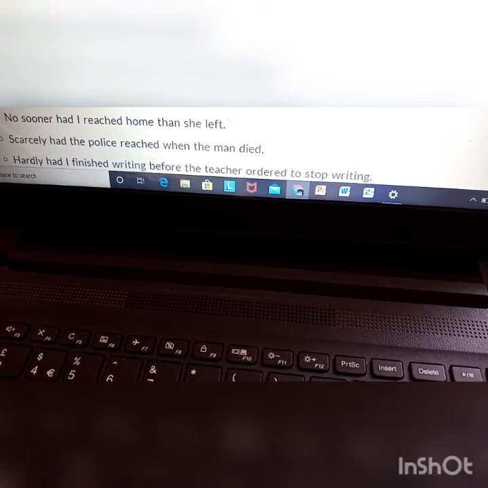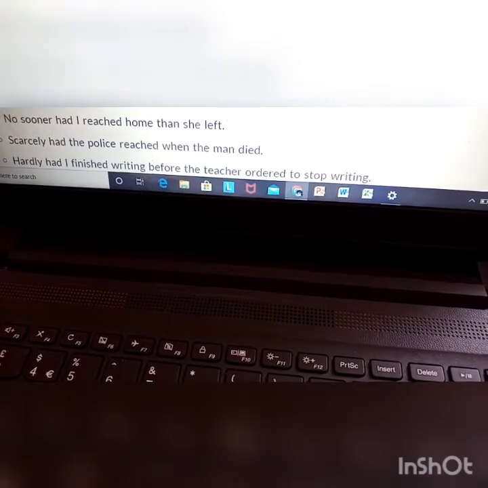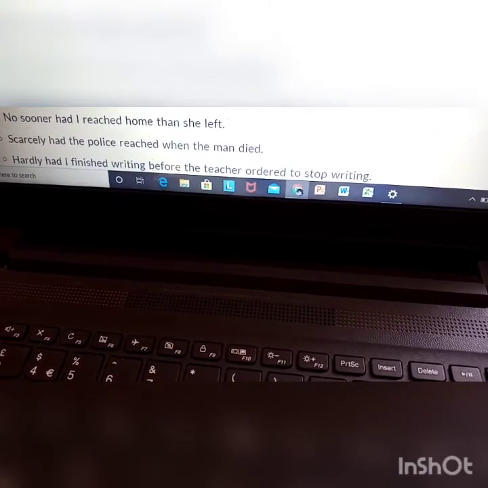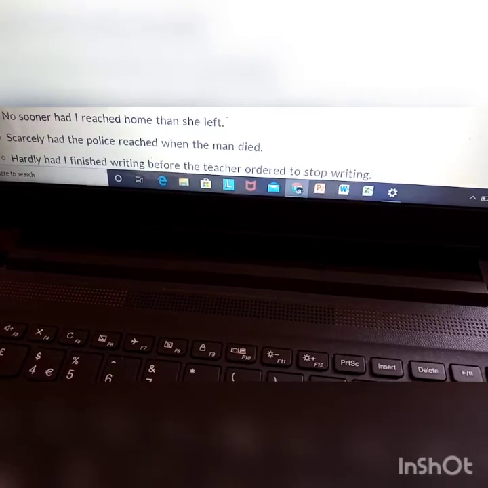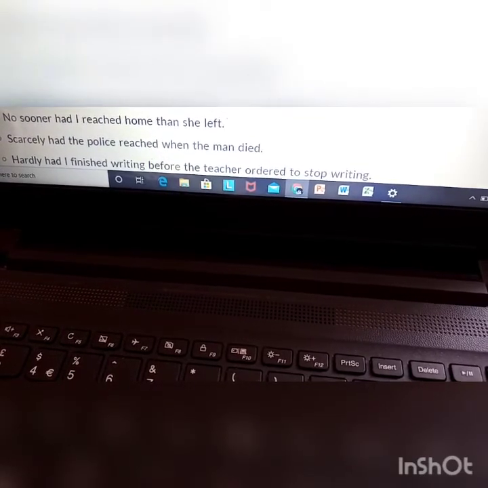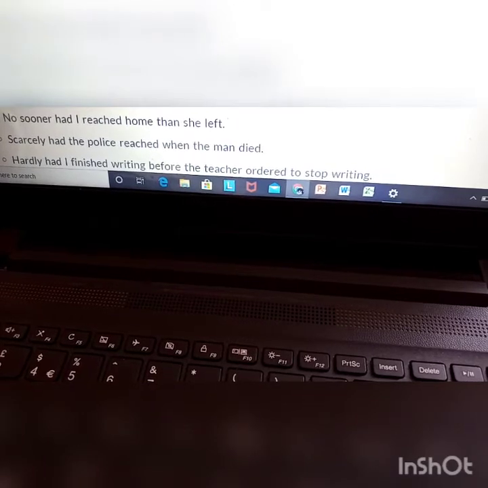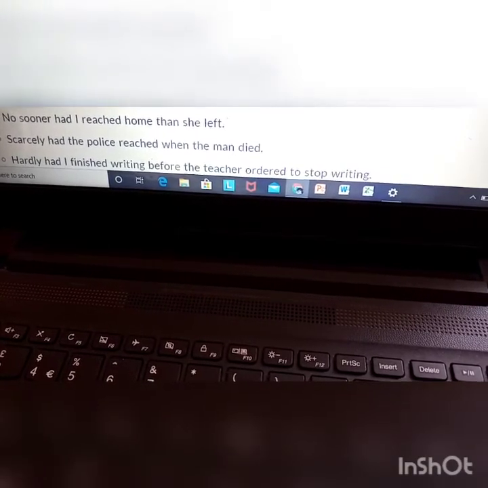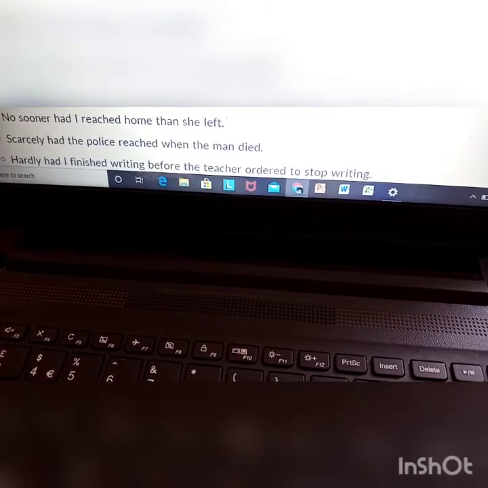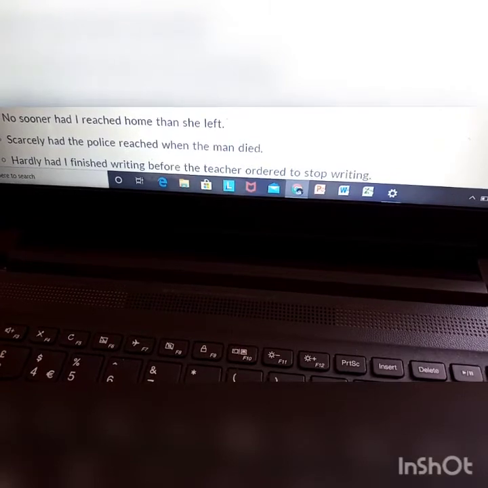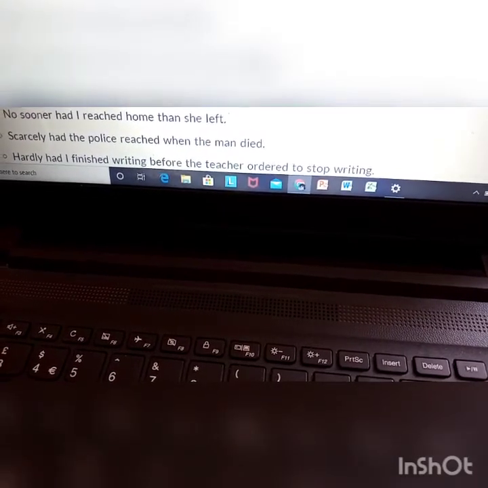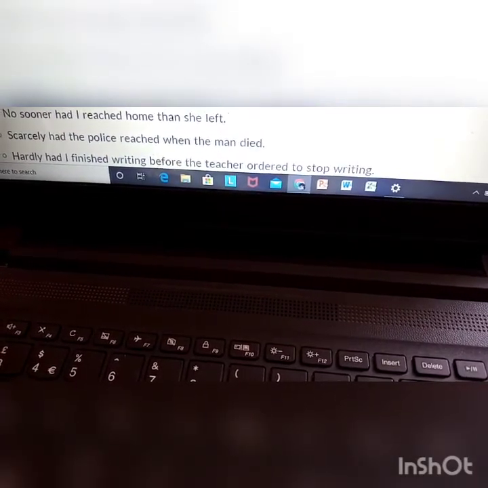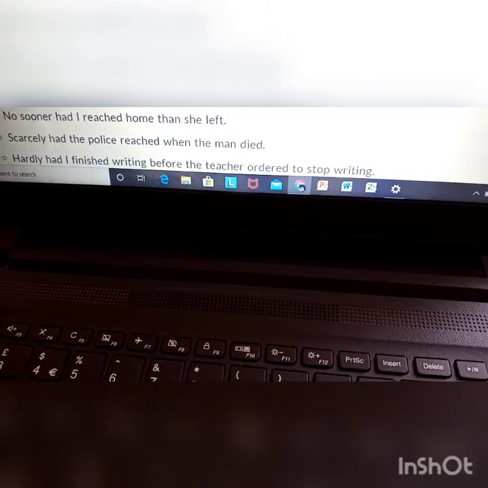It is a trick here, as in every phrase there is a use of had. So after that we have to use only the past participle form of the verb, which naturally forms past perfect tense, and the next clause will be past indefinite tense.